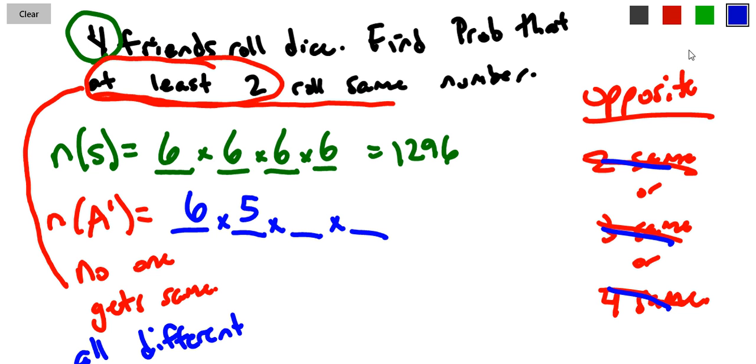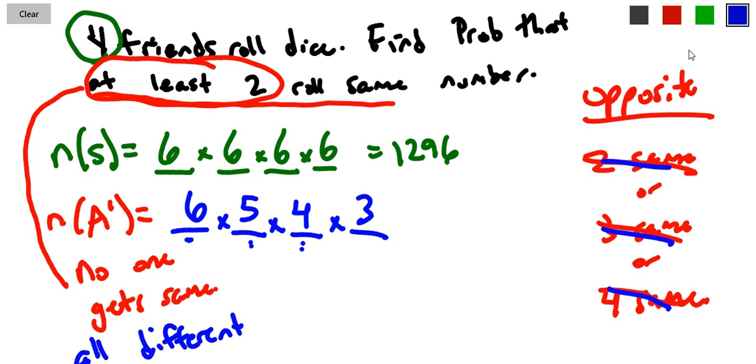Because I don't want them to get whatever this person had. So the third person, I don't want them to match this number or this number, which means there's only 4 things that can be considered good for them to roll. And then the last person, they can't match this or this number, so there's only 3 possibilities left on that dice.